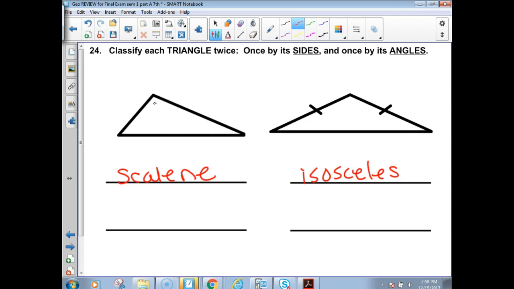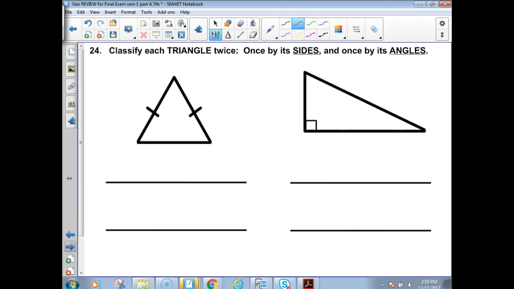These are both little, but this one's big. It's over 90, so it'd be obtuse. And this triangle over here has two little bitty angles, but it also has one ginormous angle that's over 90, so it's obtuse. Okay, that's what classify means, give names for angles or sides.